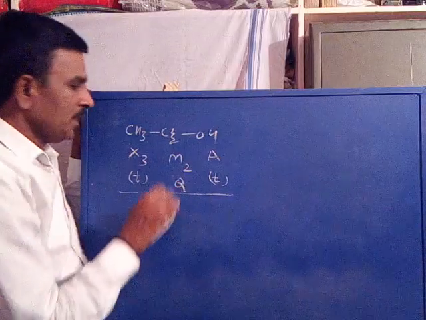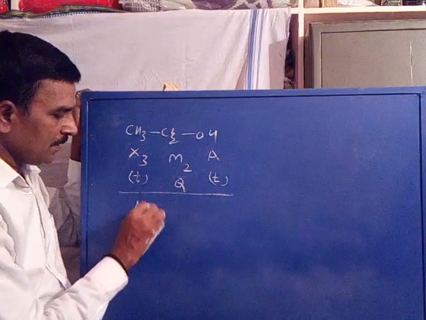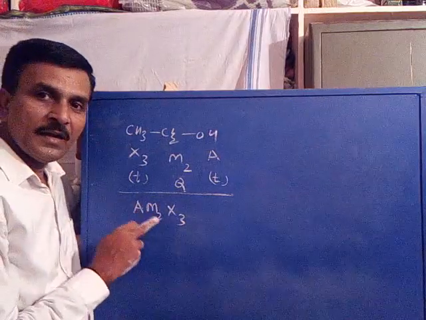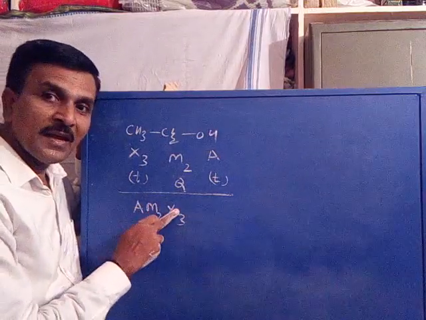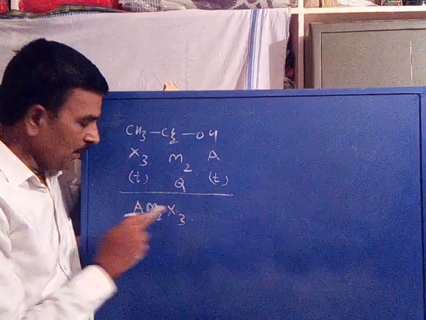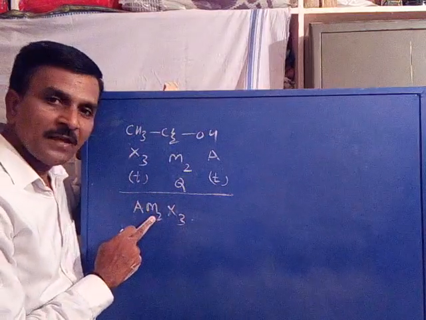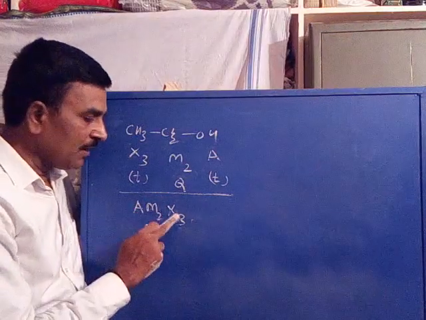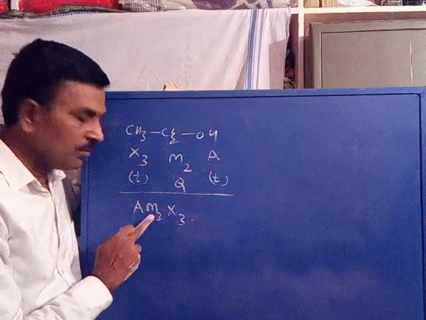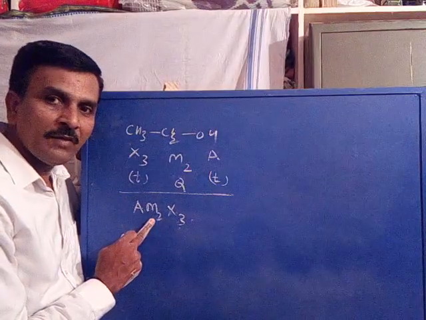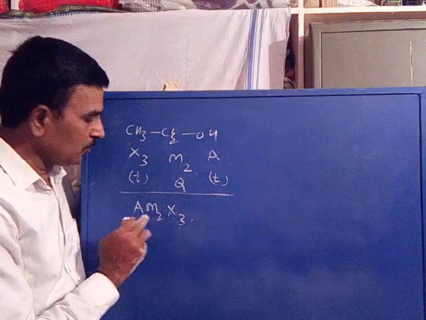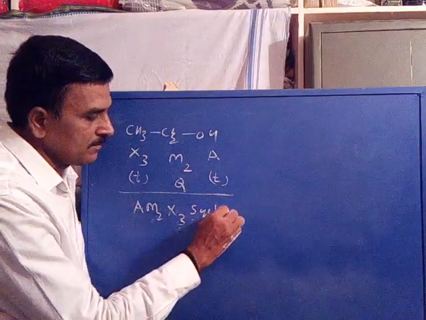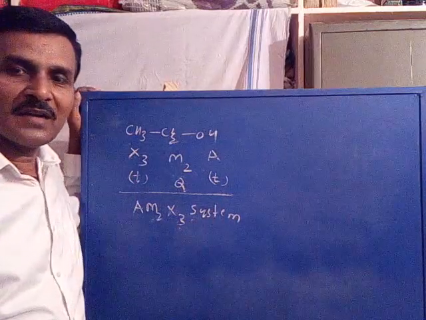So this is the spectrum of AM2X3. A has 1 proton, M has 2 protons, X has 3 protons. The A proton has a higher delta value, the X proton a lower delta value, and the M protons a moderate delta value. So it becomes an AM2X3 system.